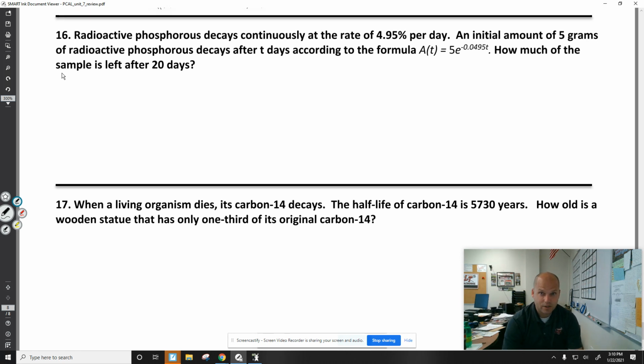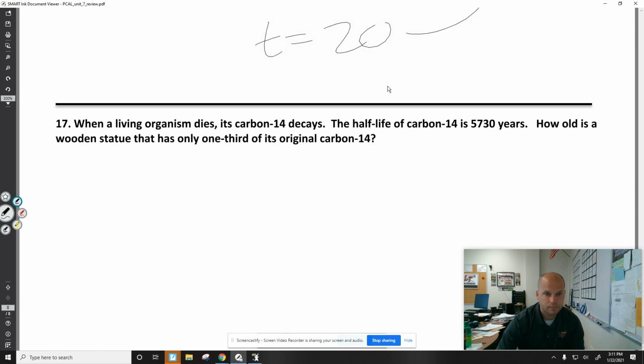You got a decay situation. It gives you the formula. How much sample is left after 20 days? I'm not going to do that. All right, so we have to have the half-life formula.